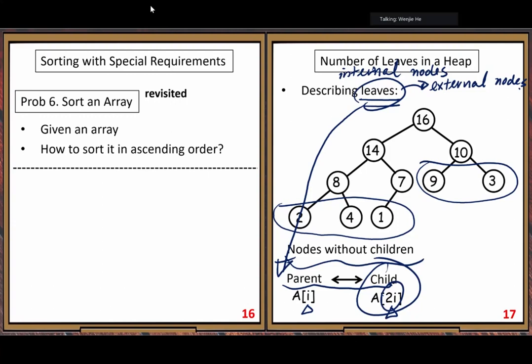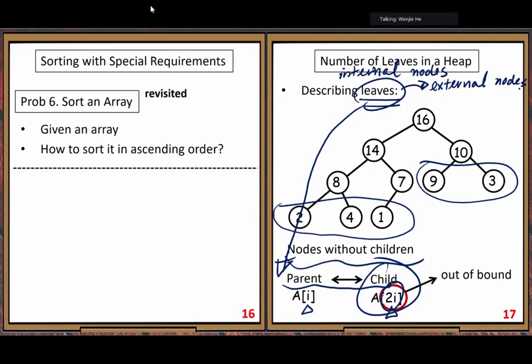So based on that analysis, we can write out the inequality describing all the leaf nodes. This i, we double it, 2i. 2i must be out of the range.